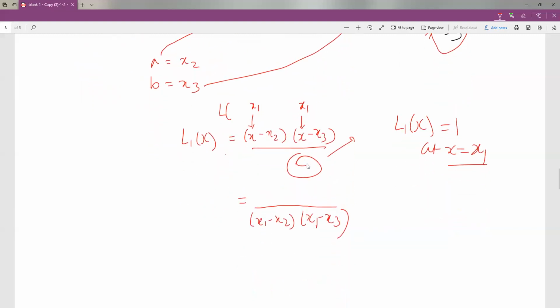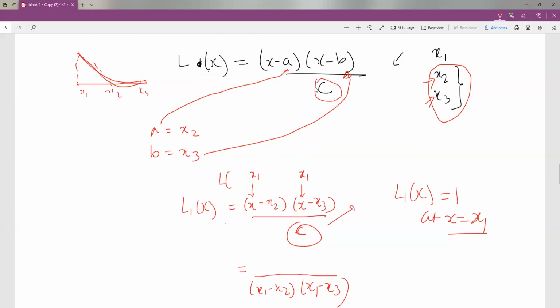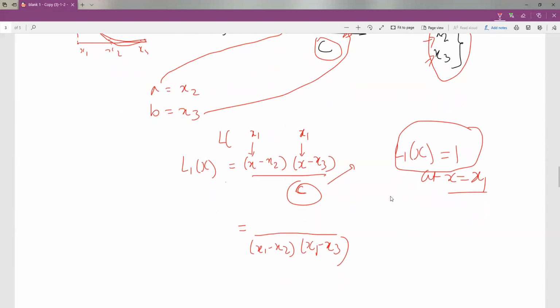The second condition is, instead of c, what should we write? This condition should still be satisfied for the remaining node, that is L1 of x1 equal to 1. This can be achieved if we evaluate the denominator side at x equal to x1, then it is possible.